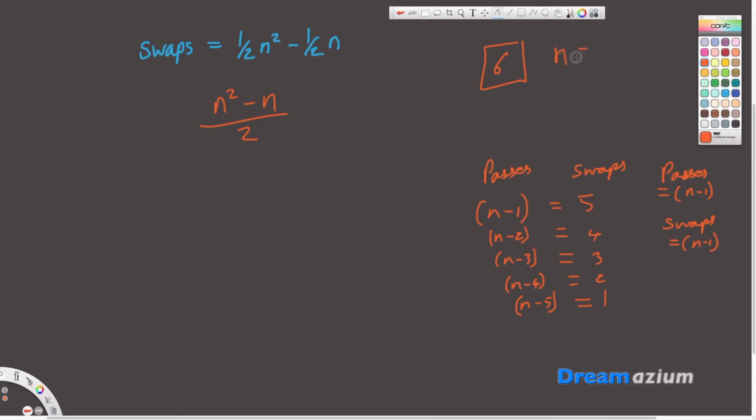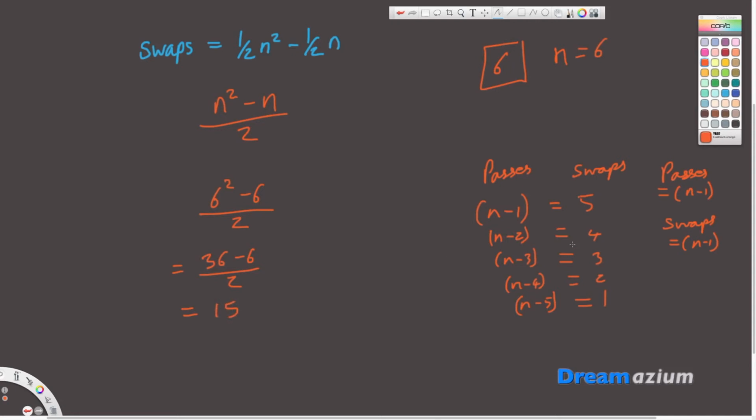N equaled 6, and we have n squared here. So we've got 6 squared minus 6 divided by 2. This equals 36 minus 6 divided by 2, which equals 15.